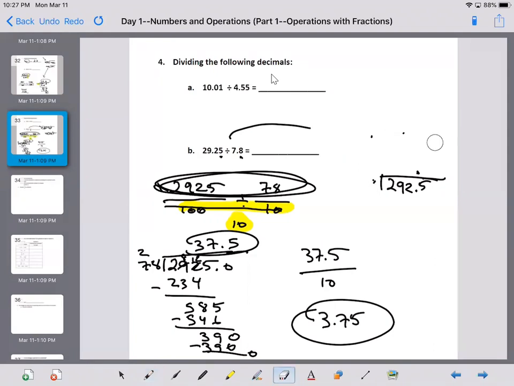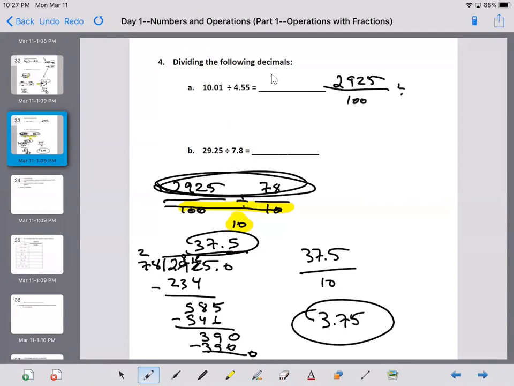So let's look at this. If I take the 2,925 hundredths and divide it by 78 tenths, if I wanted a common denominator of 100, then I would need to multiply by 10 divided by 10, which would be 2,925 hundredths divided by 780 hundredths.